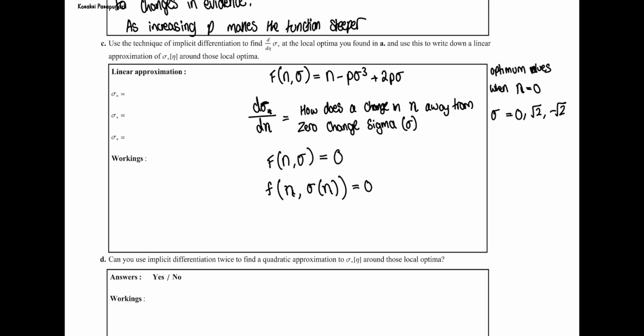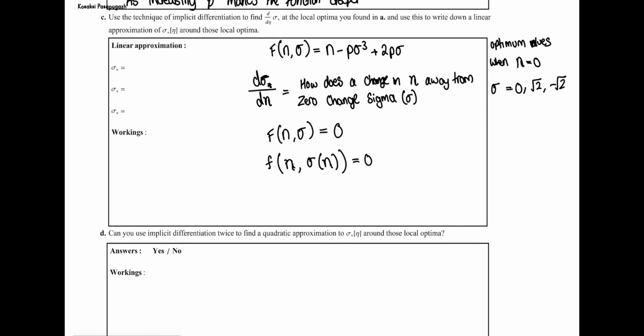If we now differentiate this, we get the partial derivative of f with respect to eta, plus the partial derivative of f with respect to sigma times d sigma over d eta, which is equal to 0. If we now rearrange this, we get d sigma over d eta is equal to minus the partial derivative with respect to eta over the partial derivative with respect to sigma.